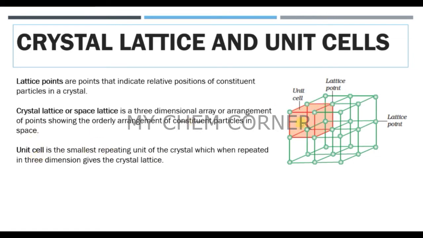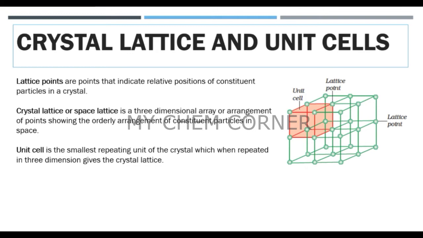So each of these cubes, as it keeps repeating to form a crystal, that particular smallest unit is called a unit cell. So these are the 3 different terms that you will come across every now and then when we learn any topic in this chapter: lattice point, crystal lattice, and unit cell.